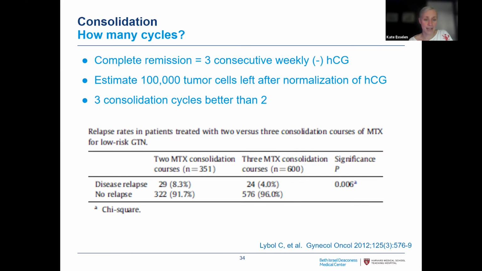So that's half as many people recurring. Of course, those numbers are small, and there may be patients who are willing to take on that 8% risk to avoid more treatment. But it is an important point, and it is why, if you send patients to us and we treat them, we're doing 3 additional cycles of chemotherapy after normalization.